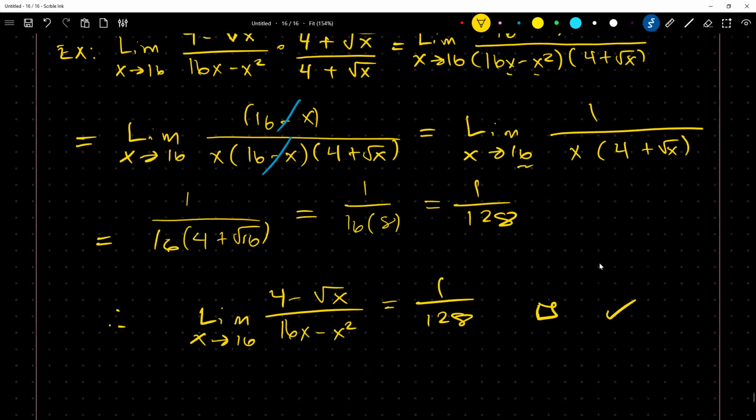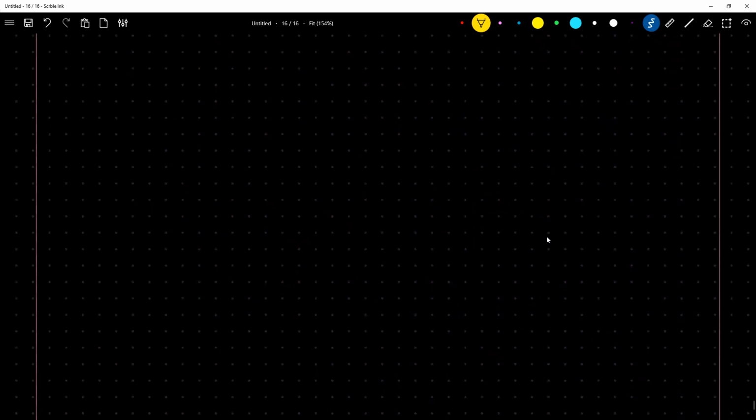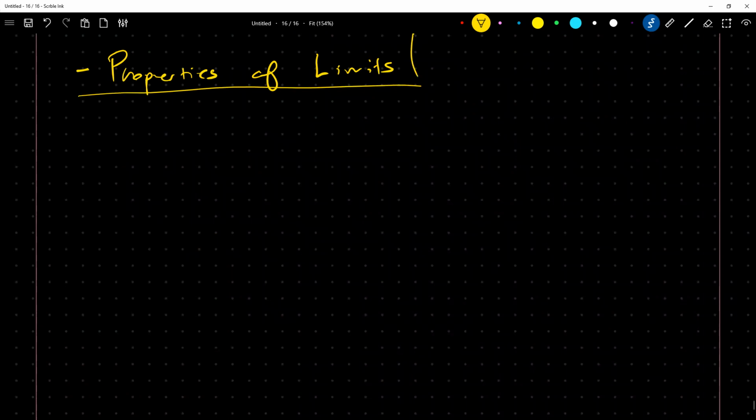Okay, and so that's where I'm going to stop today. And then next time, when we start, we're going to look at the properties of limits. I mentioned before, I'm going to formally enumerate all of these properties, because it's really important to know these, because everything else that we're going to do is a limit of some sort.